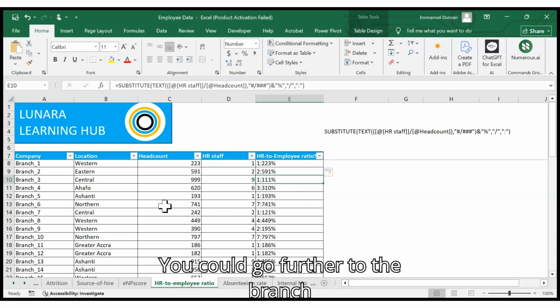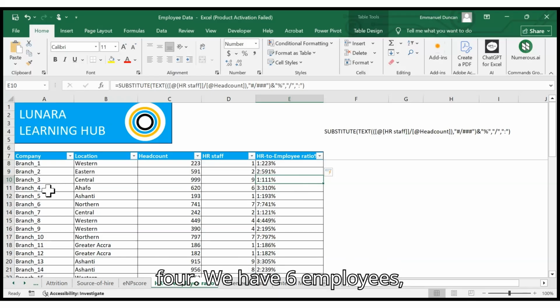You could go further to branch 4. We have 6 HR employees handling 620 employees in the organization.